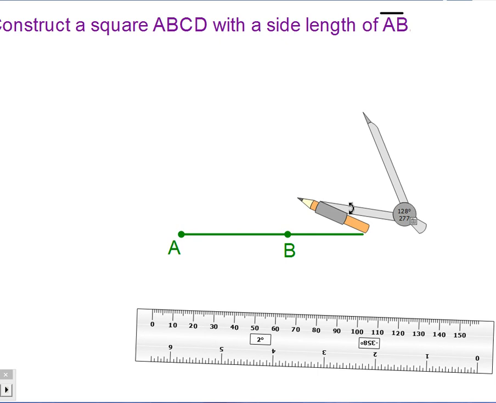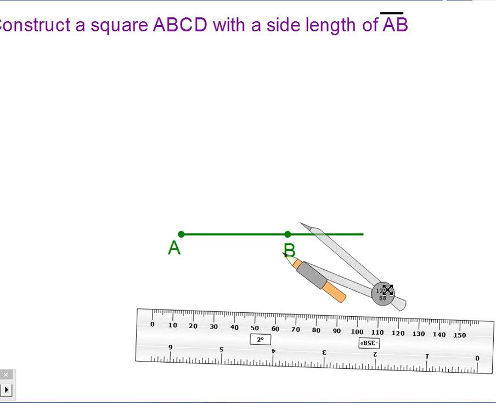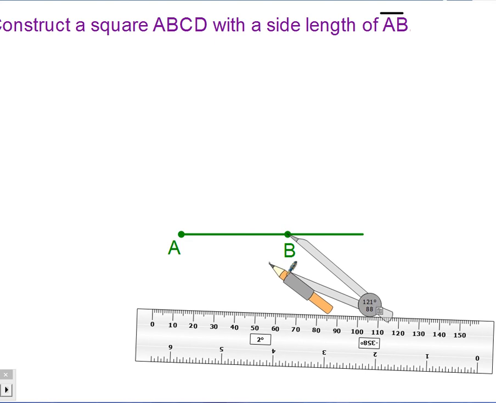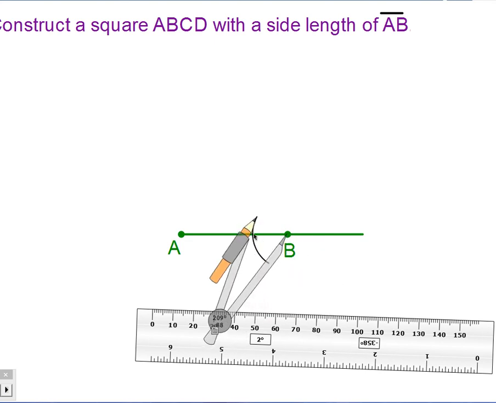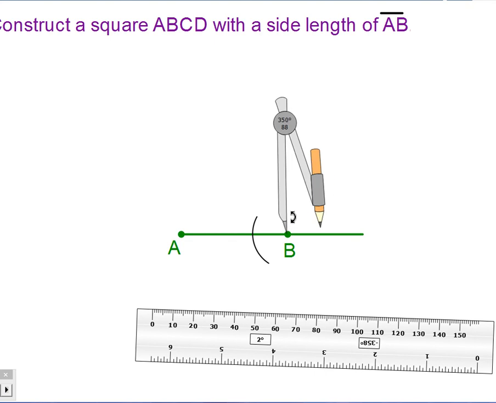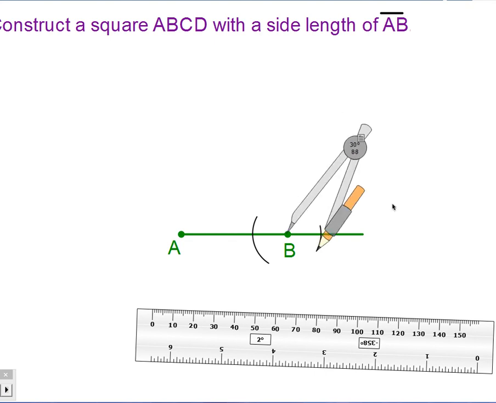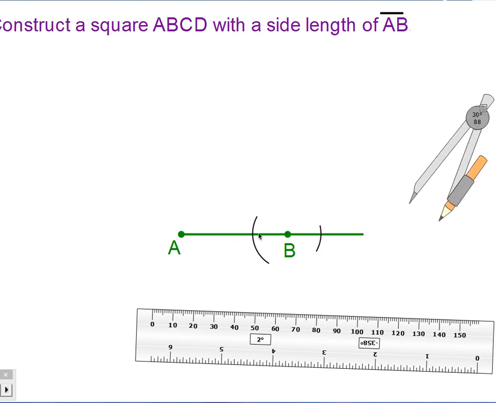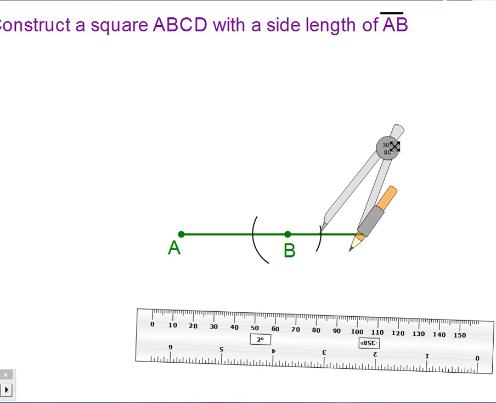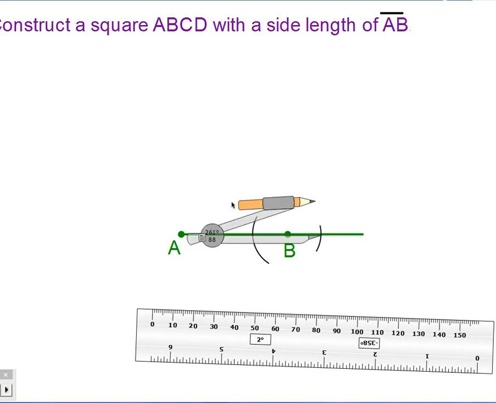Okay. So what we need to do, after we've extended the line, is make two arcs, one on this side and one on that side. The size doesn't really matter, but we need to intersect two times, once on either side with the same distance. From there, we're going to put our point on the intersection, and we're going to rotate up.